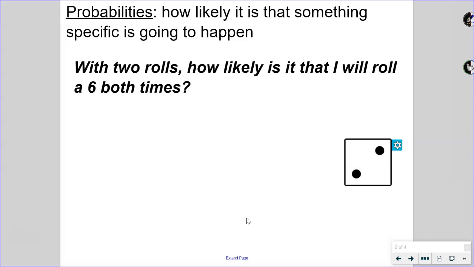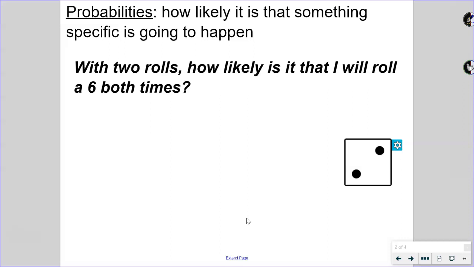So we're going to roll this dice twice. And my goal is to roll a 6 on the first one and then roll a 6 again on the second one. And I want to know how likely it is that that is going to happen. So go ahead and pause the video and give it a shot. And once you think you have a solution, continue the video because in about 3 seconds here, I'm going to begin the process of solving it.